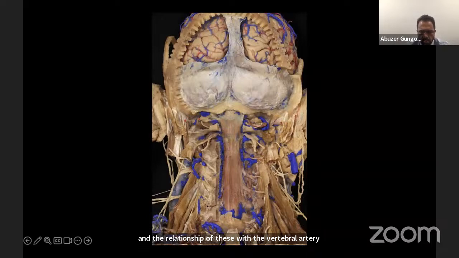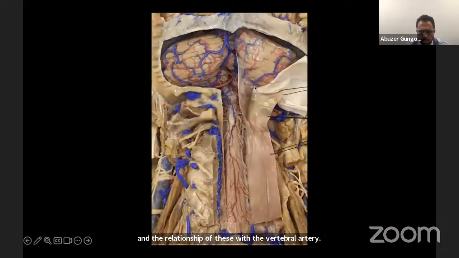Here, we have exposed the dura posteriorly, just to show now the neural elements, the cerebellum and the spinal cord, as well as the arachnoid and the dura mater that has been contracted.